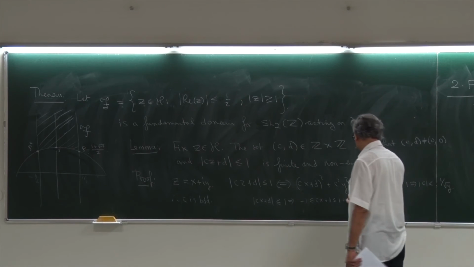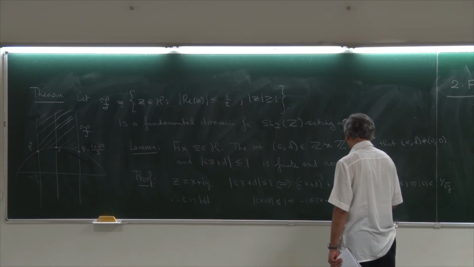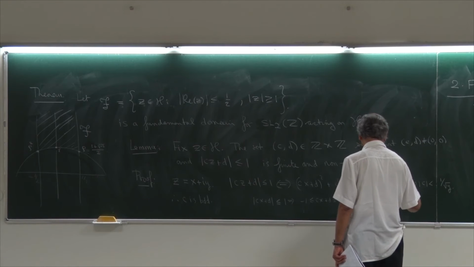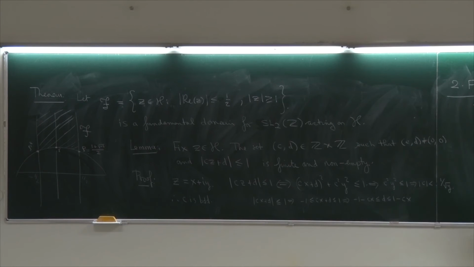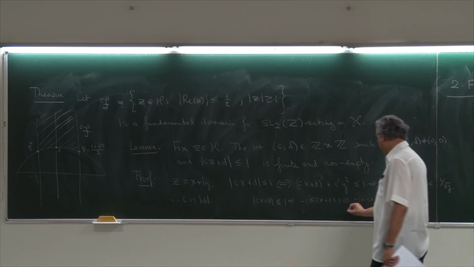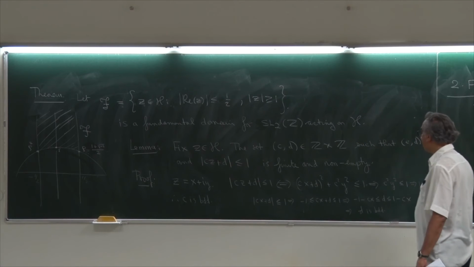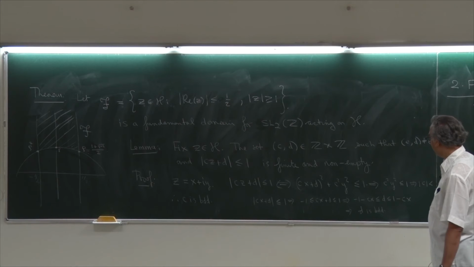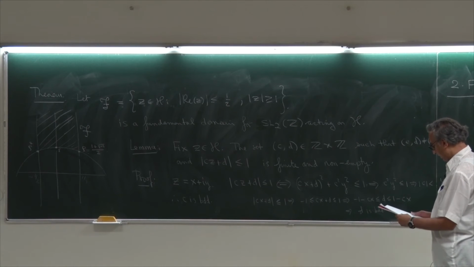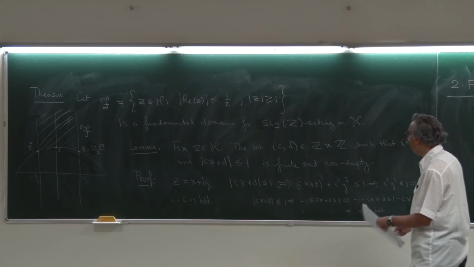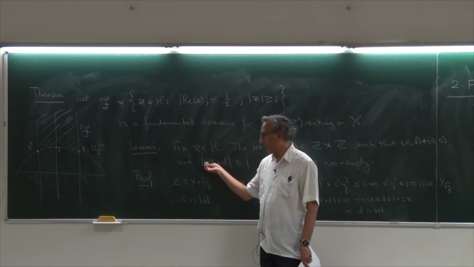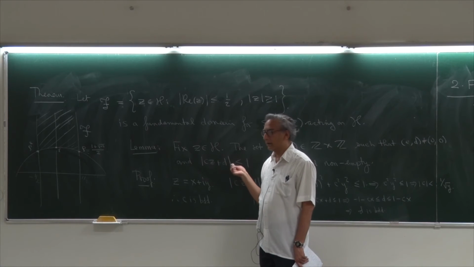And that means that d has to lie between minus 1 minus cx and 1 minus cx. Therefore, d is bounded, because c is bounded. So this is all as a function of z. And the point is that when c is 0 and d is 1, there's at least one point.